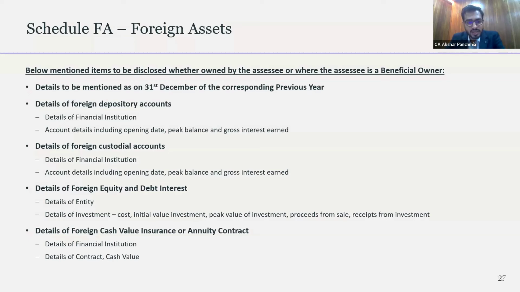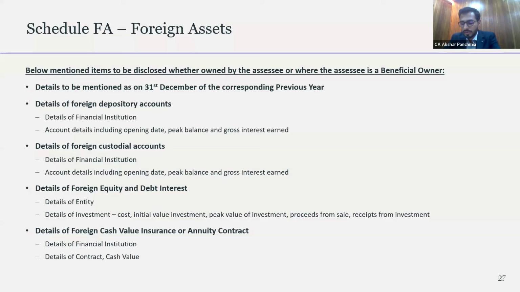The details of these assets have to be given as on 31st December of the previous year, and you have to provide proper details, because our government today has entered into various agreements with different countries where information sharing is a very big element.